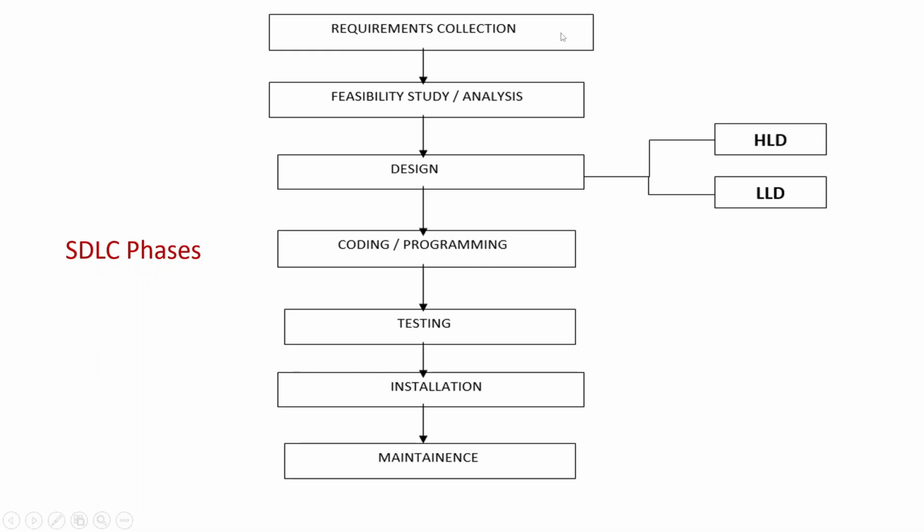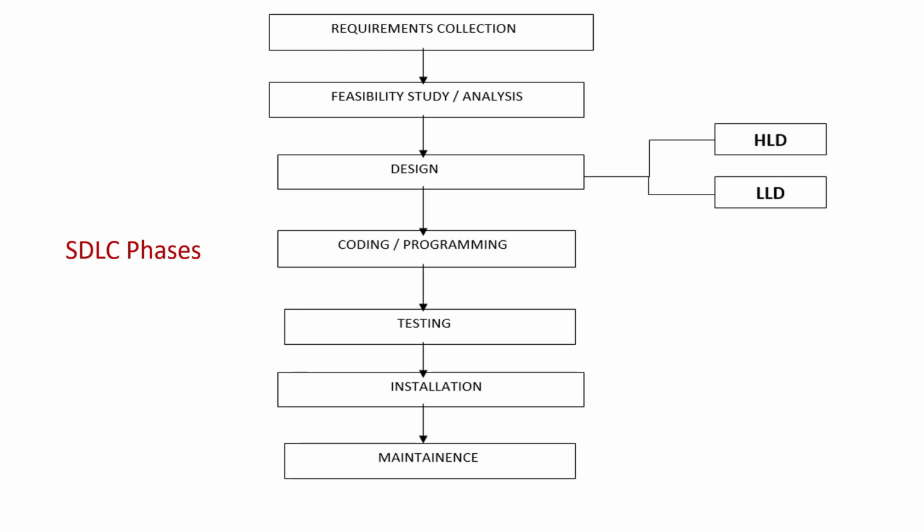After that the second phase starts, which we call the feasibility study or analysis phase. In this phase the BA will conduct a kick-off meeting, or what we call a walkthrough meeting. Different teams are involved: the project managers, business analysts, architects, development team, testing team, and finance team.